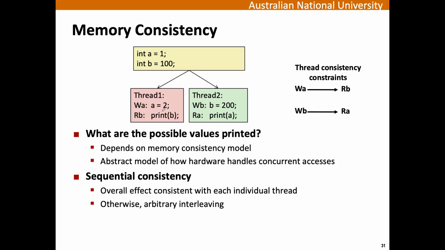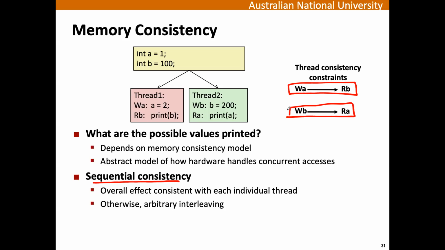Sequential consistency means that we should not violate the ordering of instructions within a single thread. So this is the order for thread 1, and this is the order for thread 2. We should not violate this order.